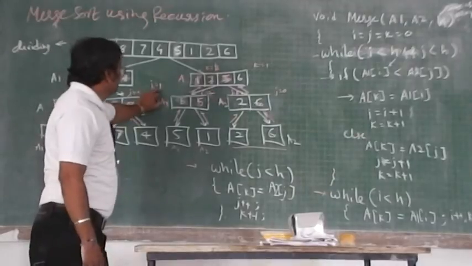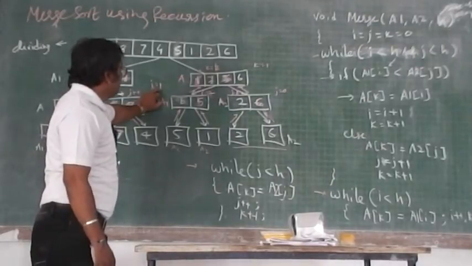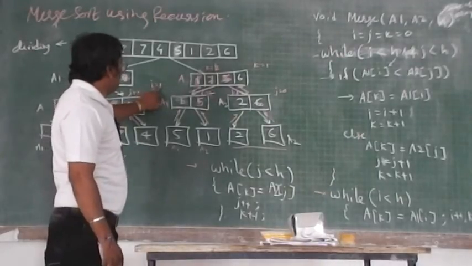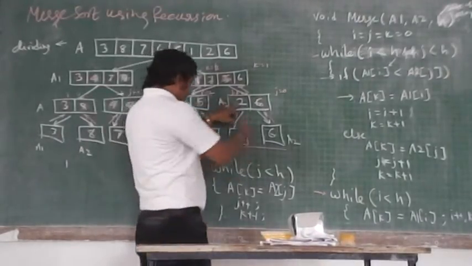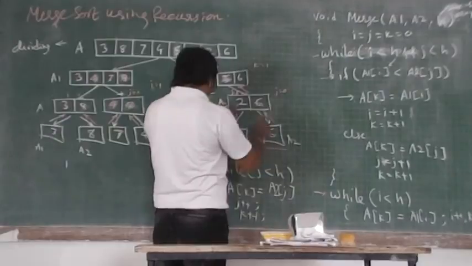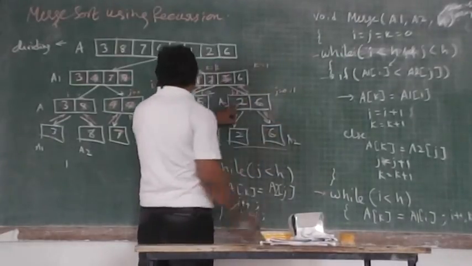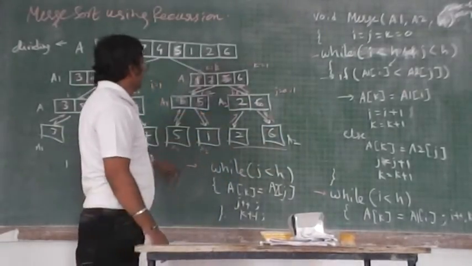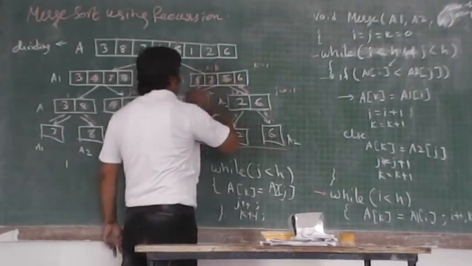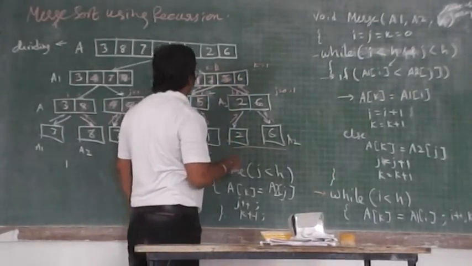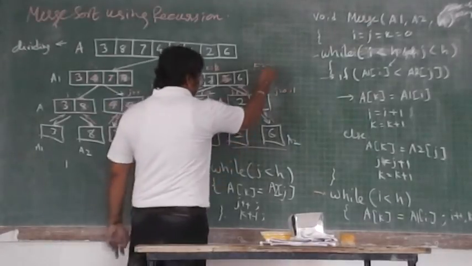Then what happens next time? i is 1, this will compare with this. Okay, this goes to its parent array. j increments to 1 and k increments to 1, 2. Now it becomes 2.